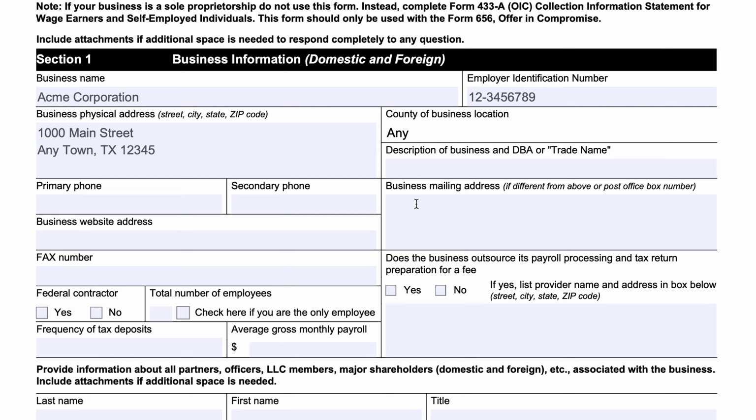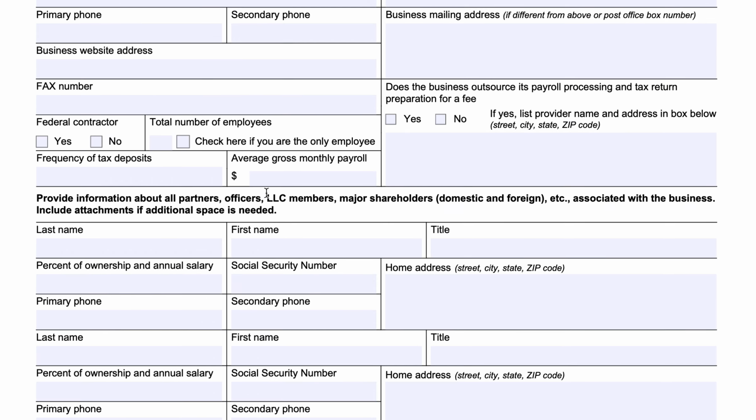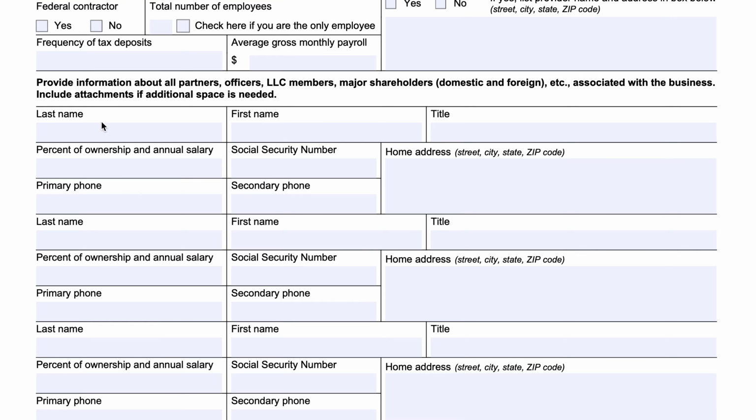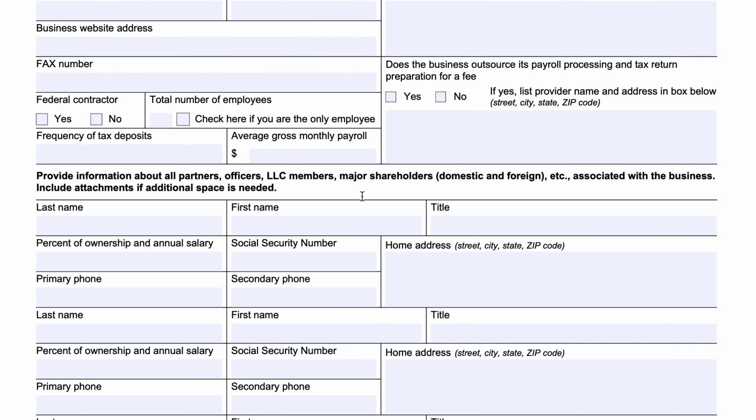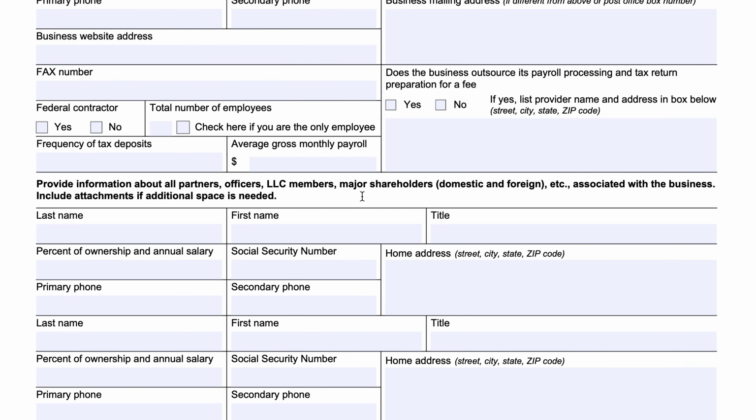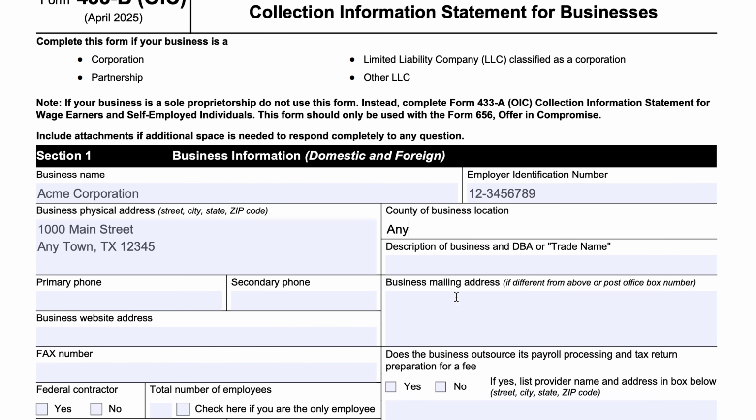So you won't need an attachment for here, but for example, if you got to the point where there were more than 1, 2, 3 involved people that still were major shareholders, then you could probably attach a document that has their name, title, percentage of ownership, annual salary, social security number, address, and so on and so forth. As long as it has the requisite information, you can attach as much documentation as possible.